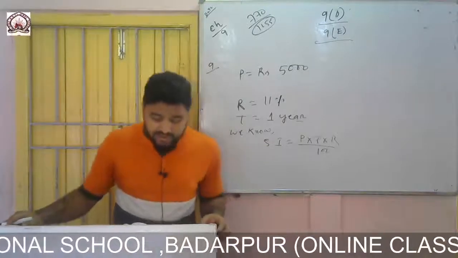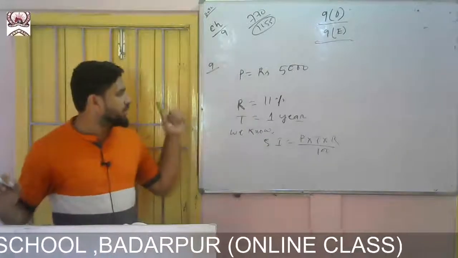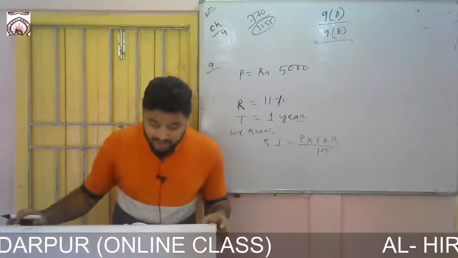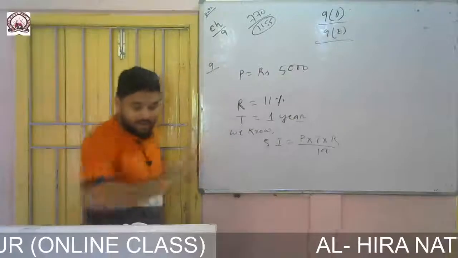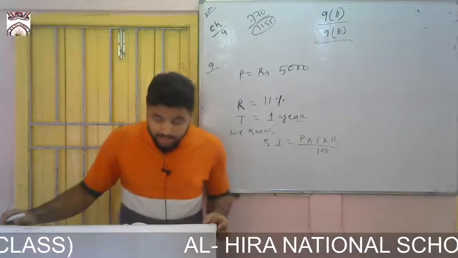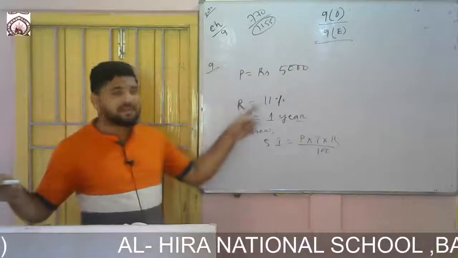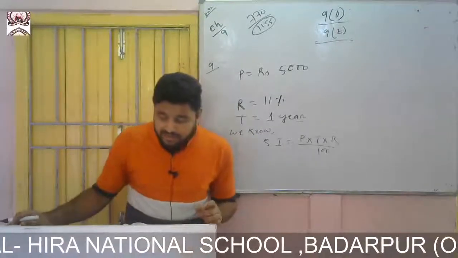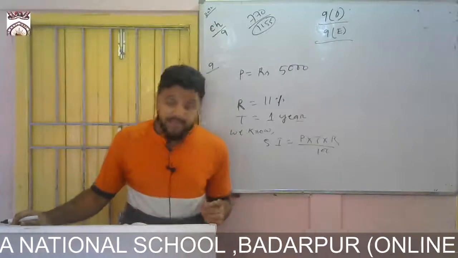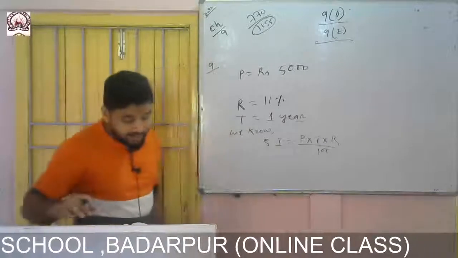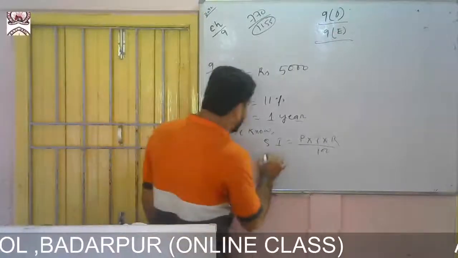If the donation earns 11% interest per annum, per annum means time is 1 year. Now you multiply, you'll get the answer.